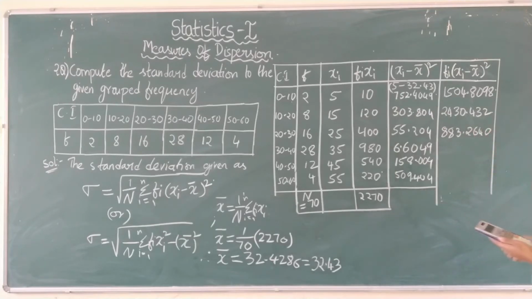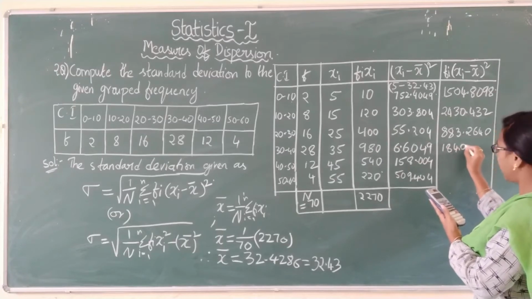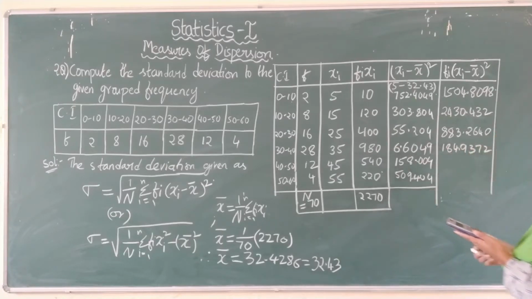Next frequency is 28. So 28 into 6.6049 is 184.9372. And the next frequency is 12.